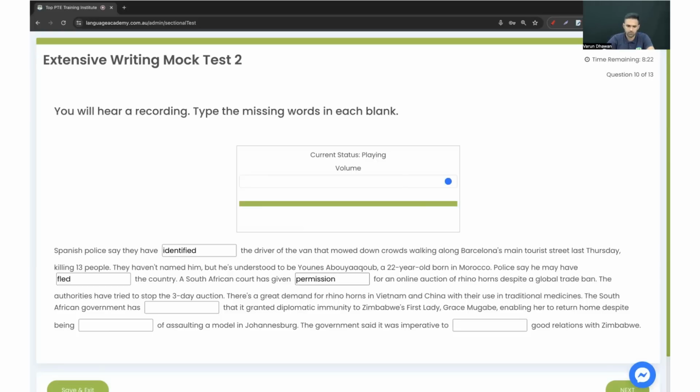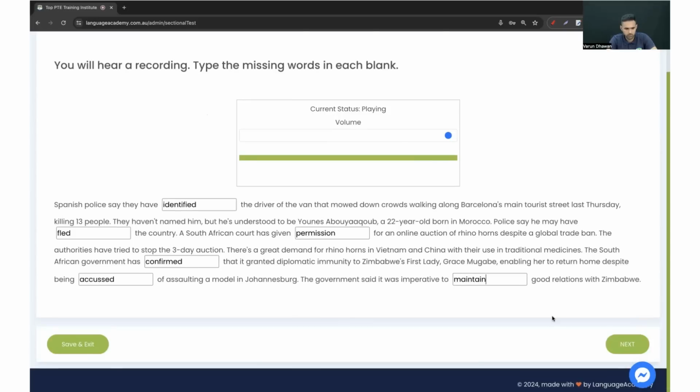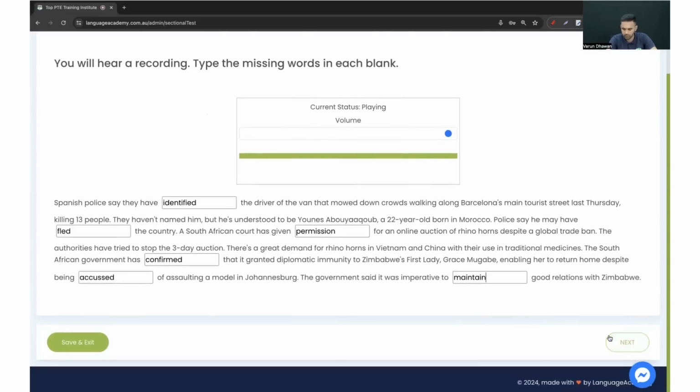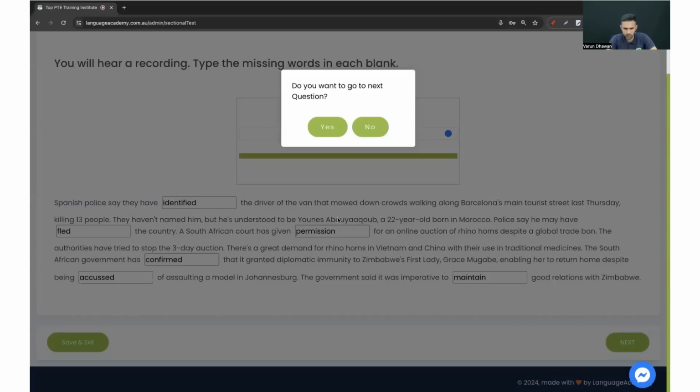I think double S. Government has accused. No. Confirmed here. Make sure you don't mess this up. Don't mess the order. Write it neatly and clearly. Identified, fled, permission, confirmed, accused, maintained. I think it's all good.